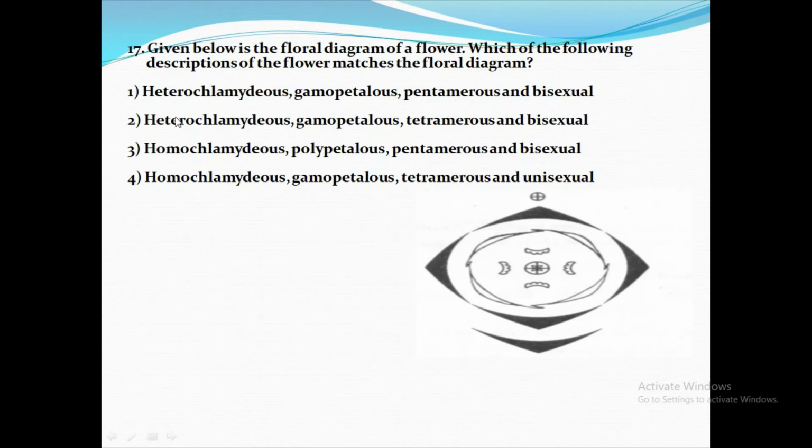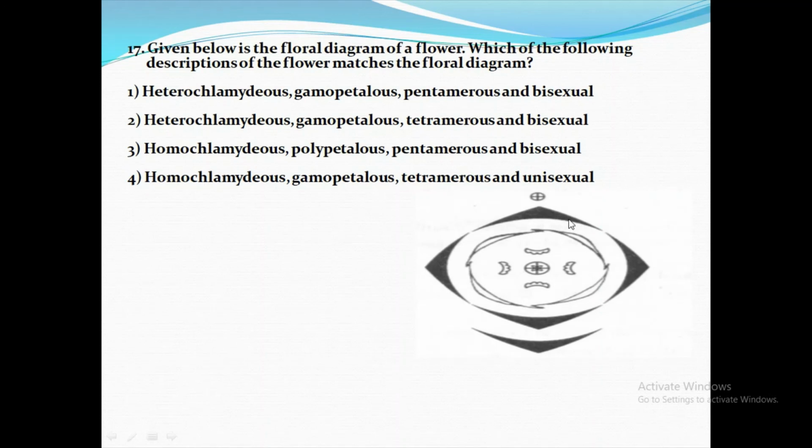Now here you should know the meaning of homochlamydeous and heterochlamydeous. In homochlamydeous flowers, calyx and corolla cannot be differentiated, so there is perianth. In heterochlamydeous flowers, calyx and corolla can be differentiated.